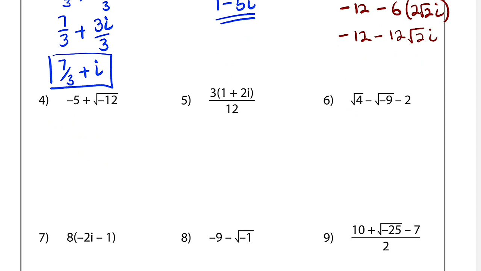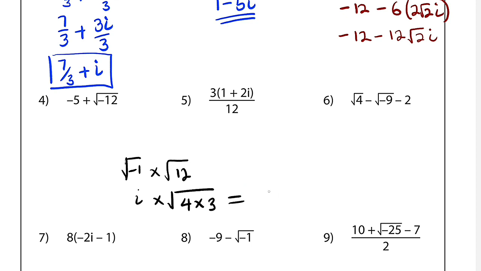Number 4, we have negative 5 plus square root of negative 12. Let me express square root of negative 12 first, which is the same thing as square root of negative 1 multiplied by square root of 12. But this is i, but 12 can be expressed as 4 times 3, right? Square root of 4 is 2.